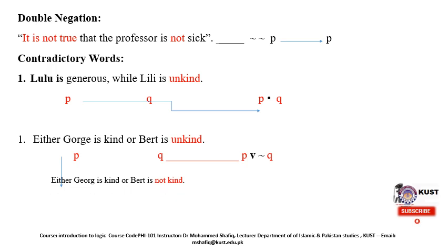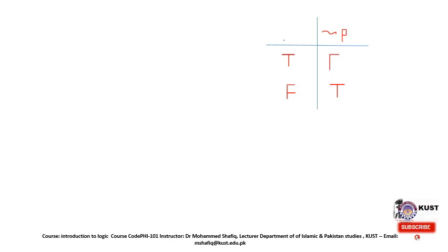So either George is kind or Bert is not kind: P wedge not Q.